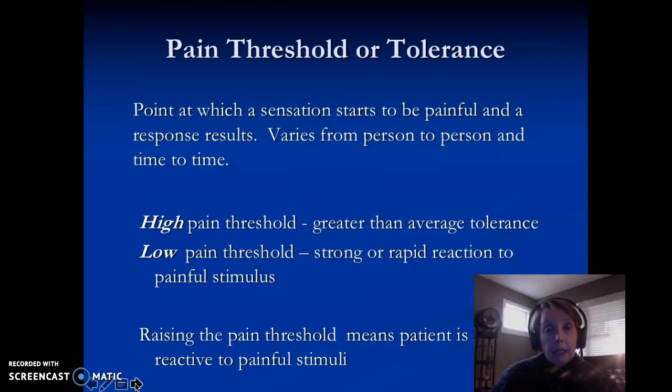Someone with a high pain threshold has a greater than average tolerance to pain. Someone with a low pain threshold has a strong or a rapid response to a painful stimulus. When you raise a patient's pain threshold, it means a patient is less reactive to painful stimuli.